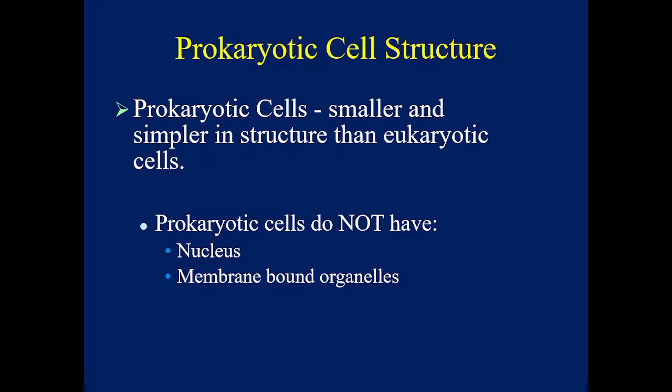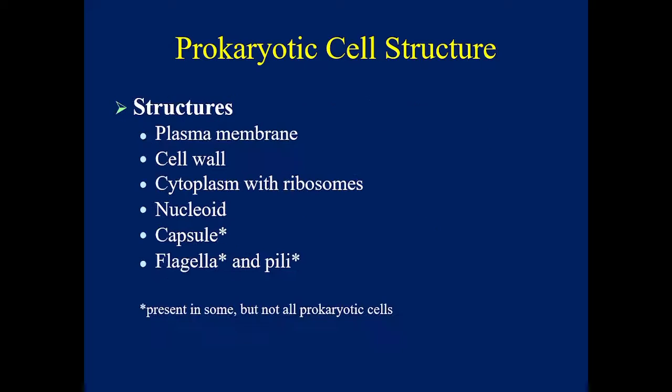Prokaryotic cells do not have membrane-bound organelles. The capsule, flagella and pili are organelles which may be present in some prokaryotes and may not be in all prokaryotic cells, but the general structures present in prokaryotic cells are the plasma membrane, cell wall, cytoplasm with ribosomes, all we discussed earlier, and the nucleoid, capsule, flagella and pili.